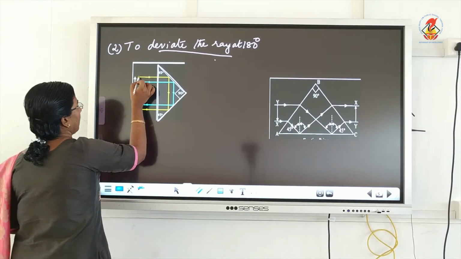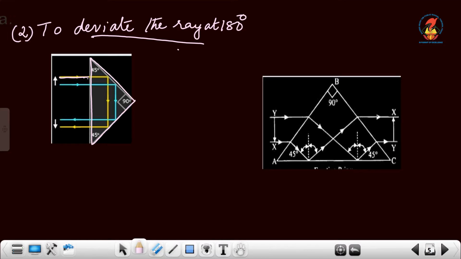What happens? The light hits the surface normally. Since it is hitting normally, without any deviation it goes in a straight path. It hits the other surface at an angle of incidence of 45 degrees, so greater than the critical angle. It gets reflected from there totally. It hits the other face again at an angle of 45 degrees. Again, total internal reflection takes place and it comes out.